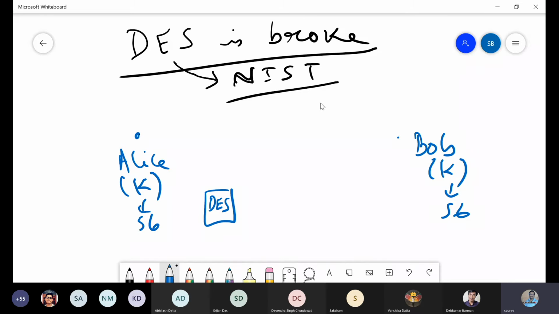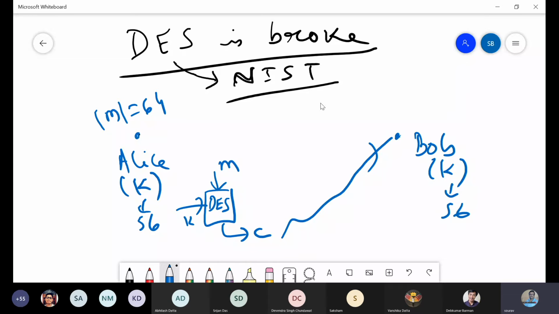The problem is, if they have a message M whose size is 64, then there is no issue. They can just put this message M in, and with the key they can get the ciphertext. Alice will send this ciphertext to Bob over the public channel, and Bob will receive it and decrypt it using DES decryption with the same key, and get the message back.